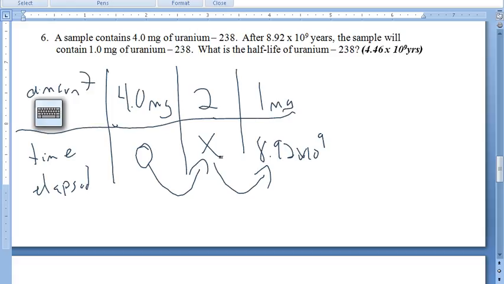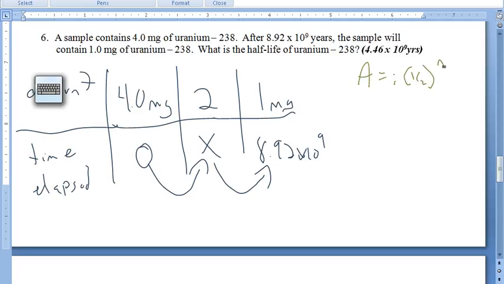Looking back at the equation, if you think about the exponent n, here's the equation: A equals initial times 1/2 to the n power. This is focusing on the n, n being how many half-lives there are, which is the time passed, 8.92 times 10 to the 9th, divided by the half-life, t 1/2.